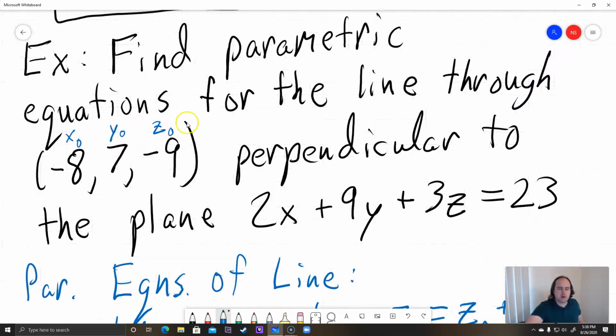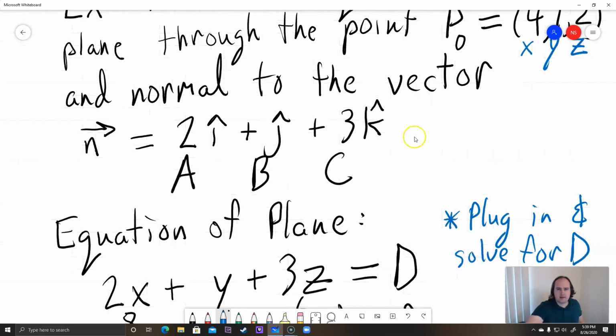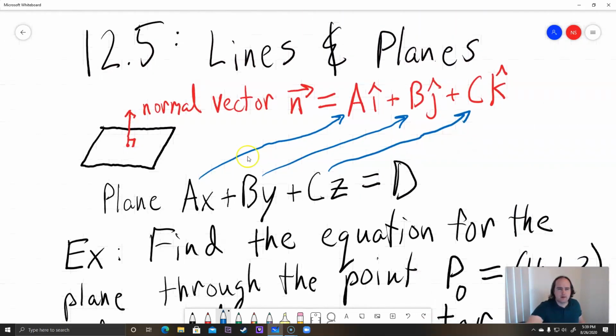But they're asking for parametric equations for the line through this point perpendicular to the plane 2x plus 9y plus 3z equals 23. So can anyone think about what vector we would use? Well, if you were paying attention earlier, we talked about with planes you have a normal vector. Okay, so the normal vector n is just equal to ai plus bj plus ck, and we can actually use that normal vector as the vector we need for our line.